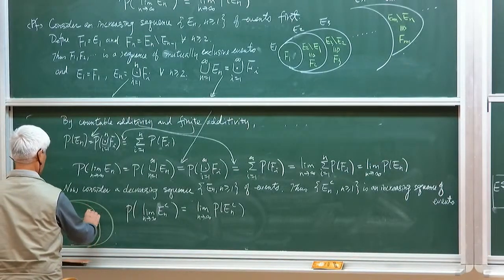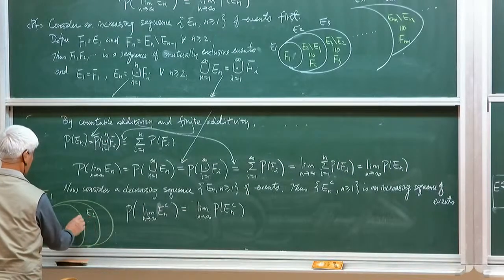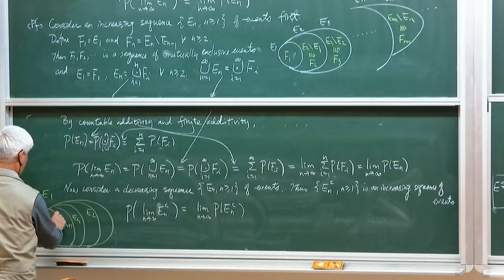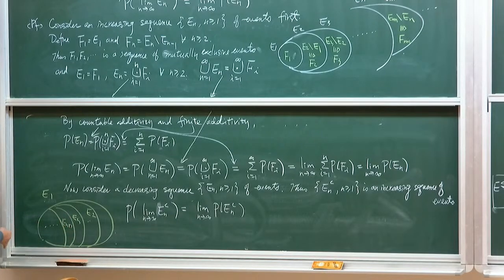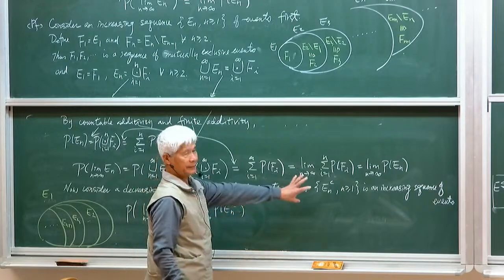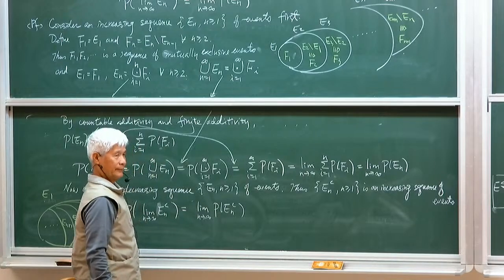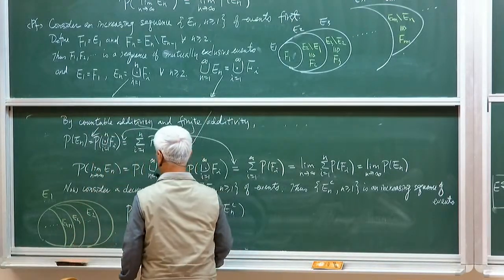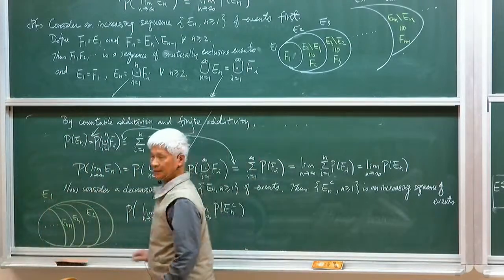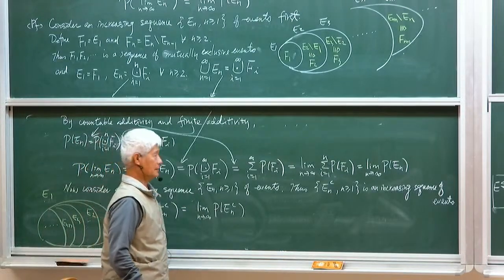This is E2, it becomes smaller and smaller, En, En plus 1. So it's shrinking. And the complement, if En is decreasing, then the complement will be increasing. Right, because if E2 is decreasing, it contains every other event.